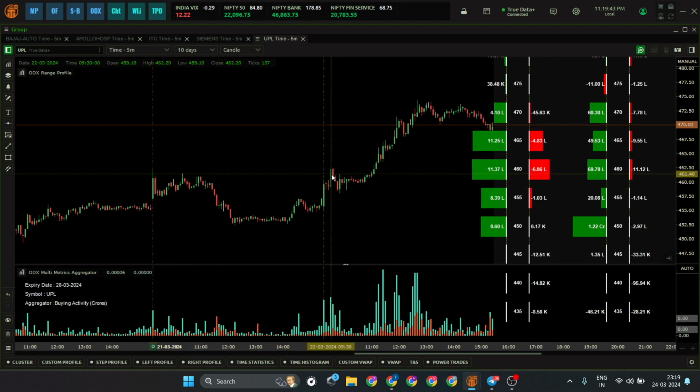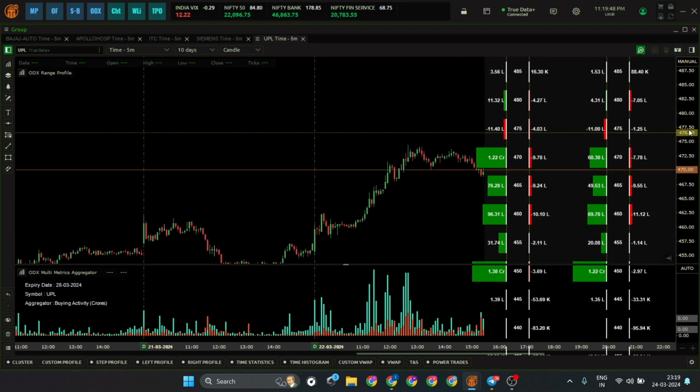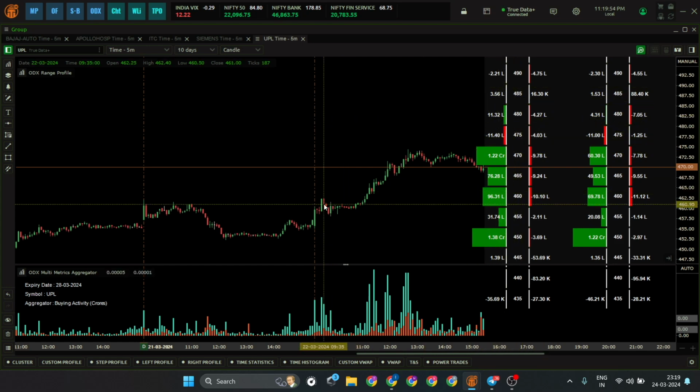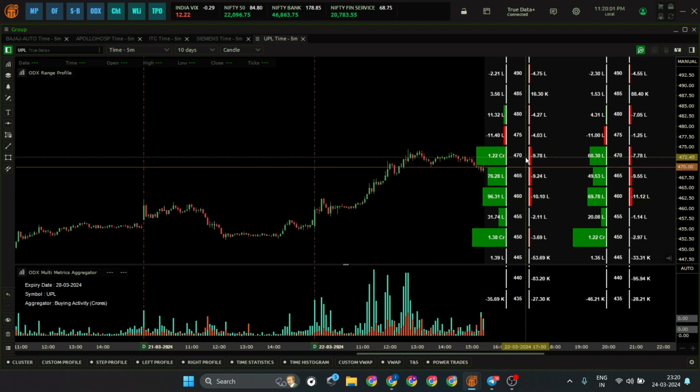If I click here, you can see there are no big confirmations in the out of the money. Can you see any big confirmations in the out of the money? This is presently trading near 460. Yes, you are seeing confirmations at 470, that too 1.22 cr.